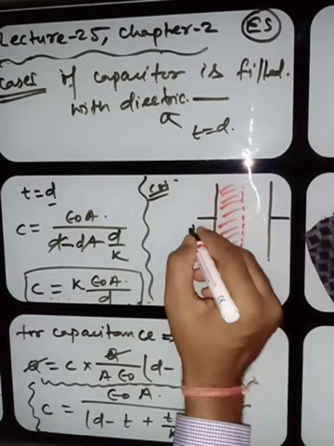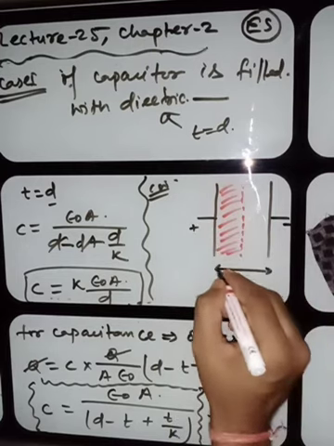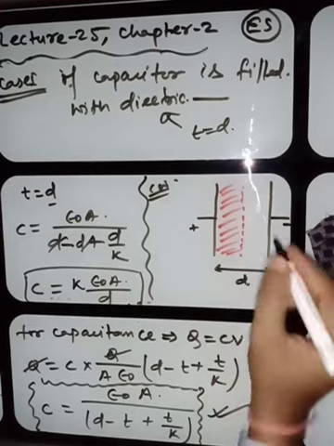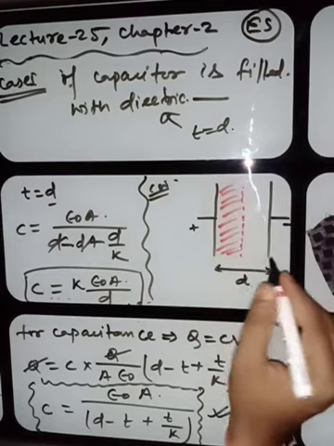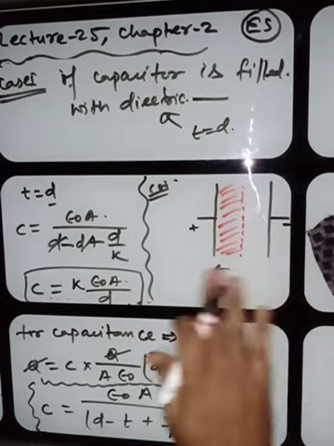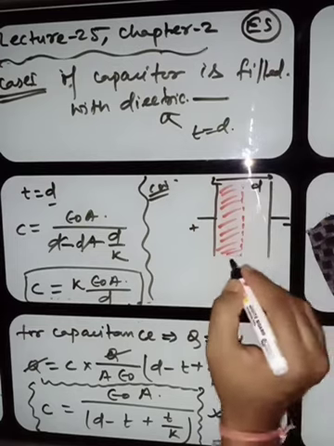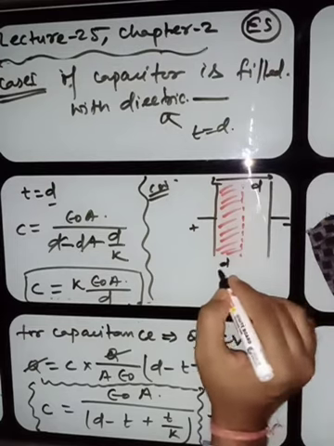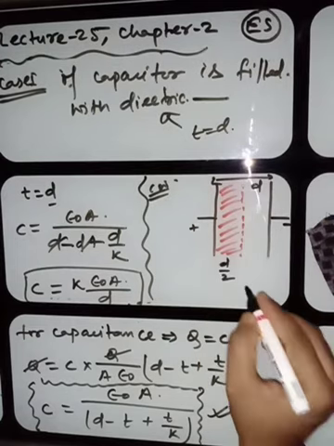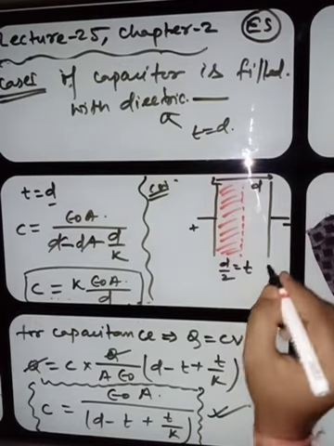It is connected with the positive and negative terminals. The entire separation is D, and here the thickness of the dielectric is D by 2. This is D and this is D by 2. That is the thickness of the dielectric. What will be the capacitance?